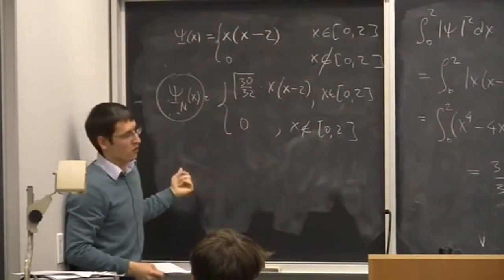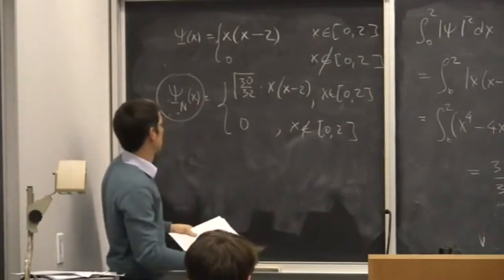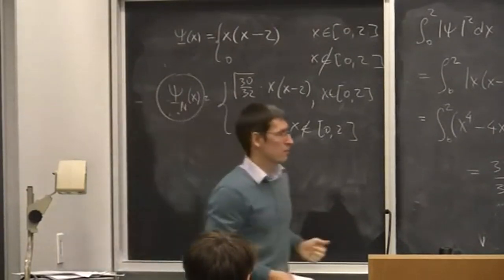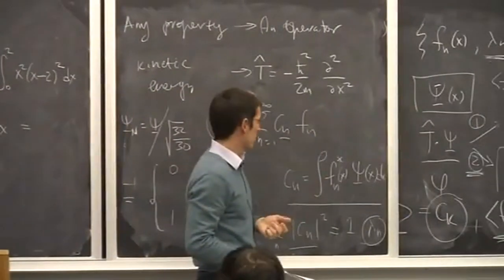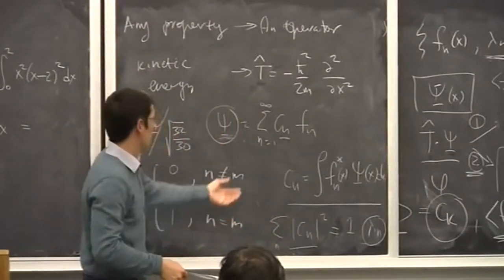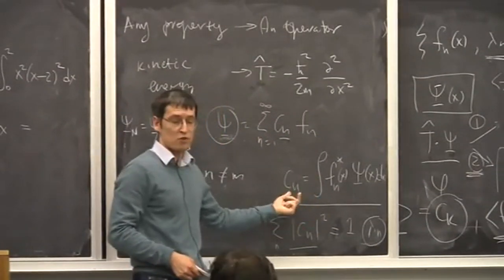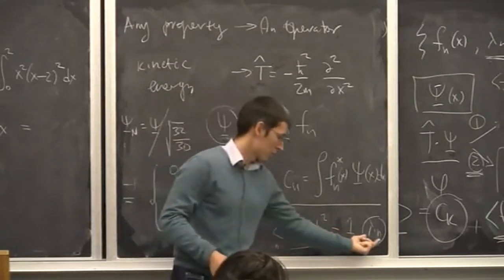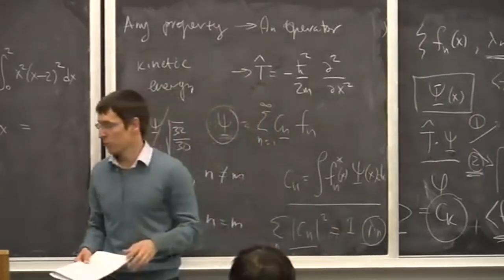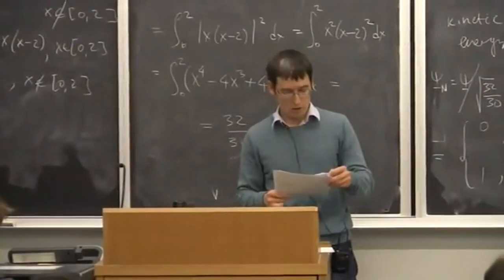It's still not an eigenfunction of the kinetic energy, but now we can expand it as a linear combination of our orthonormal functions, f_n's, and find the coefficients. The squares of those coefficients will be probabilities to find in an experiment the values which correspond to the functions. Okay? So how is this done?